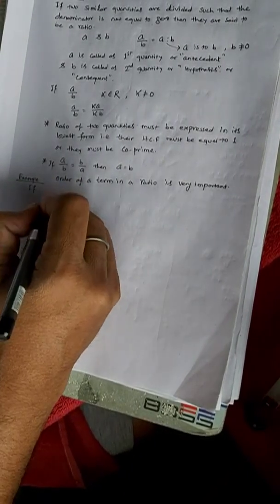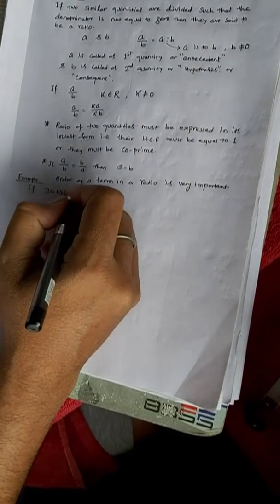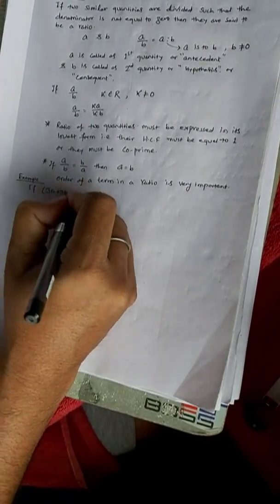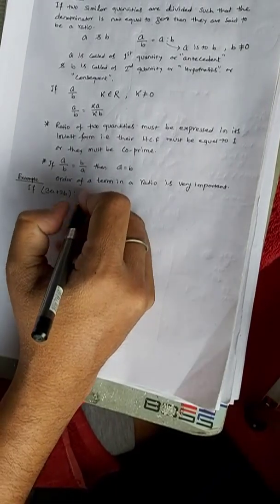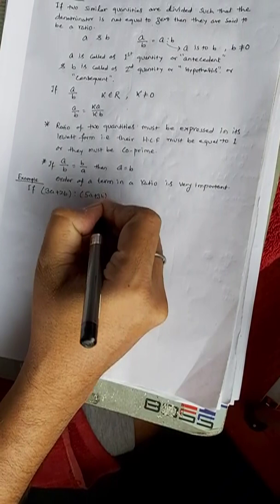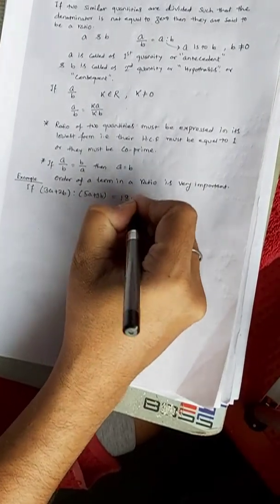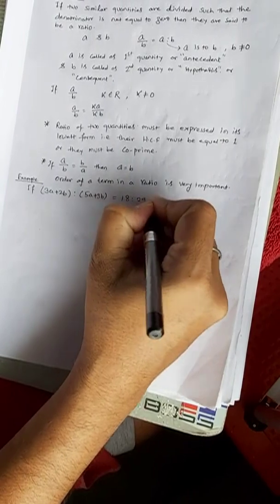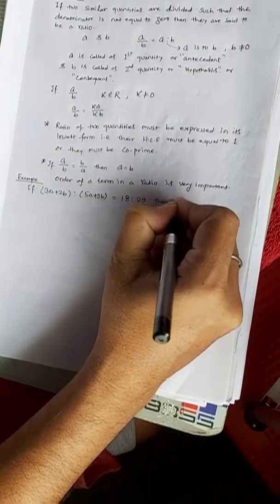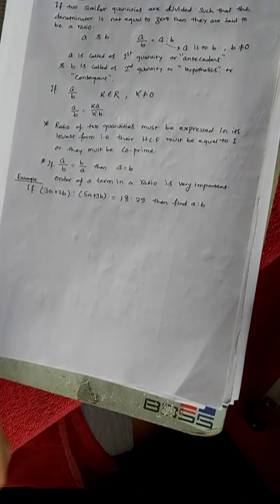If 3a plus 2b is to 5a plus 3b is equal to 18 is to 29, then find a is to b.